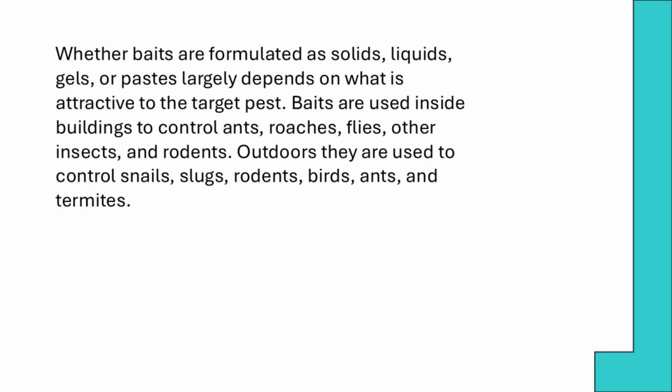Whether baits are formulated as solids, liquids, gels, or paste largely depends on what is attractive to the target pest. Baits are used inside buildings to control ants, roaches, flies, other insects, and rodents. Outdoors, they are used to control snails, slugs, rodents, birds, ants, and termites.